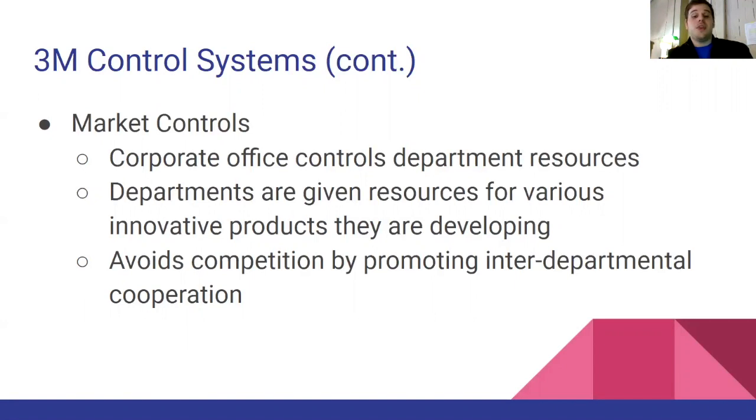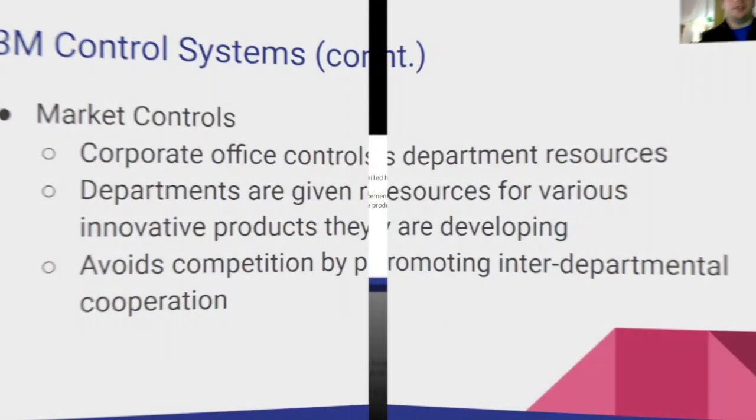And as I said before, 3M avoids this by promoting a lot of interdepartmental cooperation and sharing knowledge and resources so that the research and development process can remain as efficient as possible. And this helps to explain one of the reasons why 3M's interdepartment cooperation is such a strength and so important.